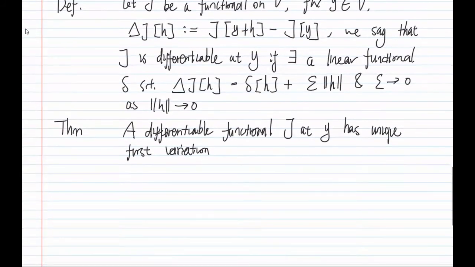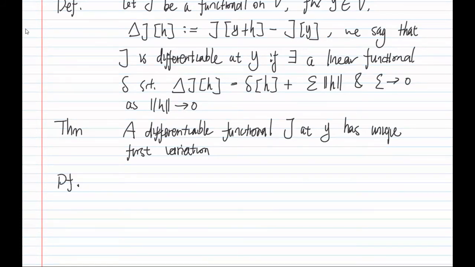So how do we prove this? We basically suppose that there are two ways to decompose delta J, right? And then we show that the principal linear parts are equal.